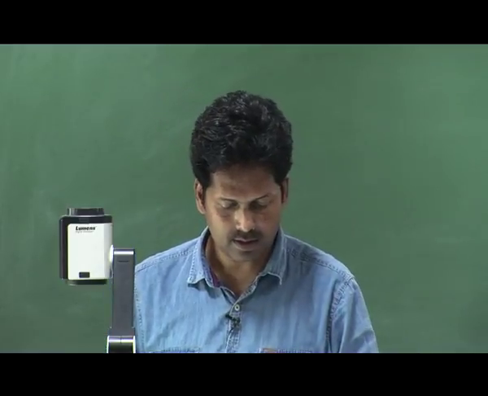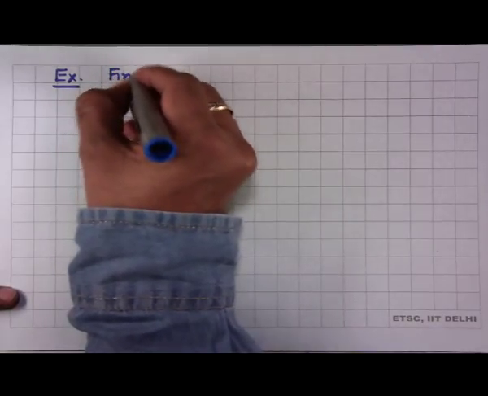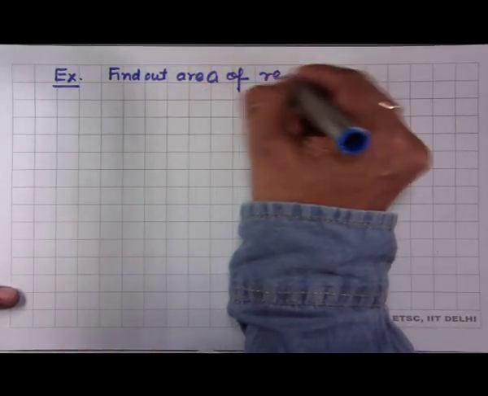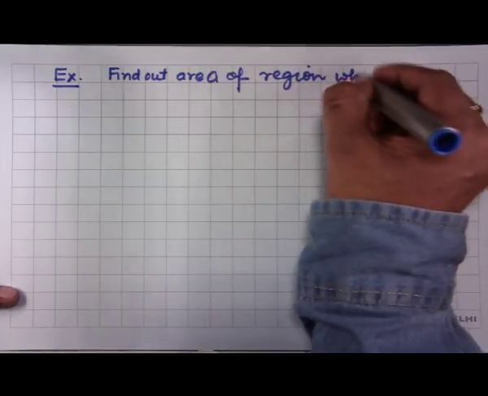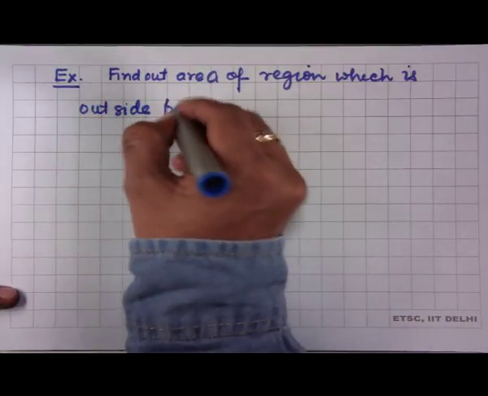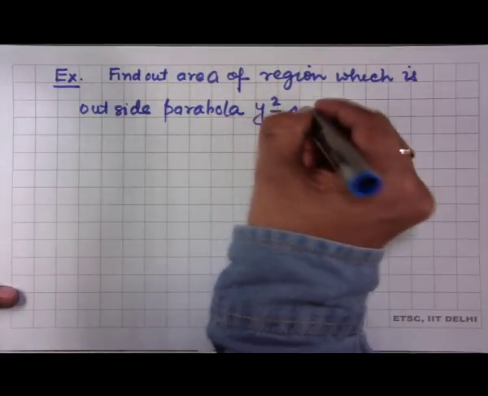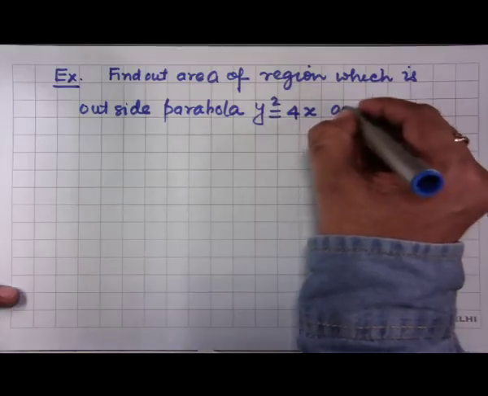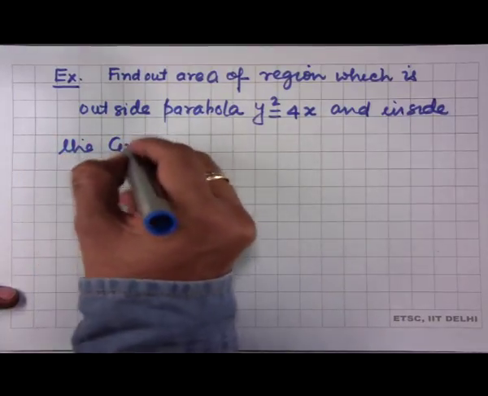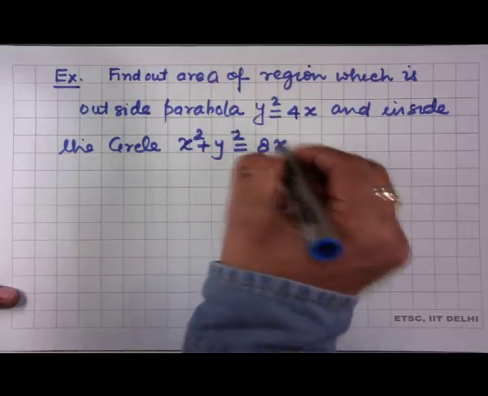Let us take another example. Find out the area of the region which is outside the parabola y square equals to 4x and inside the circle x square plus y square equals to 8x.